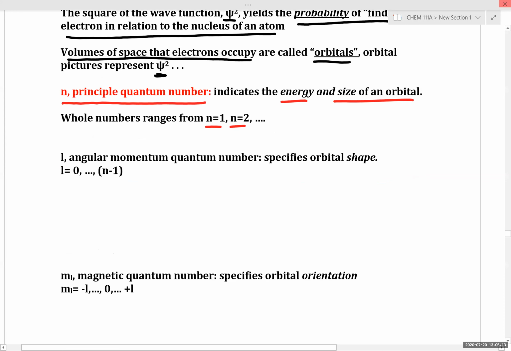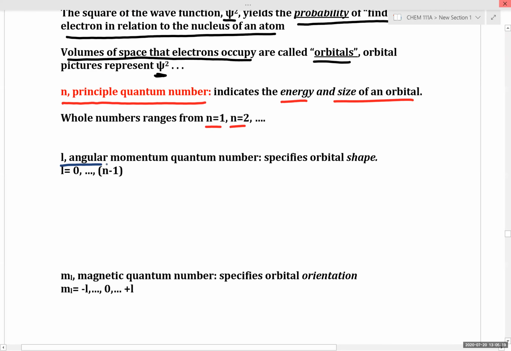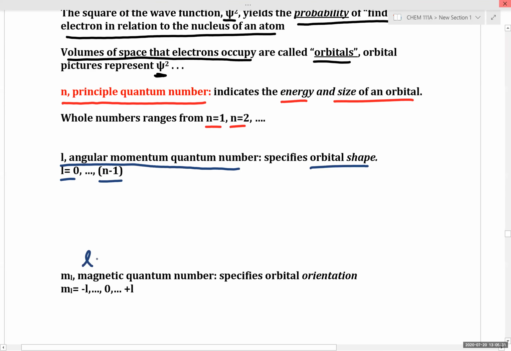The next quantum number in our list is L, which is the angular momentum quantum number. This specifies orbital shape. L ranges anywhere from 0 to n-1. Just to give you a teaser, an L equals 0 orbital is known as an s orbital, and it looks like a sphere.